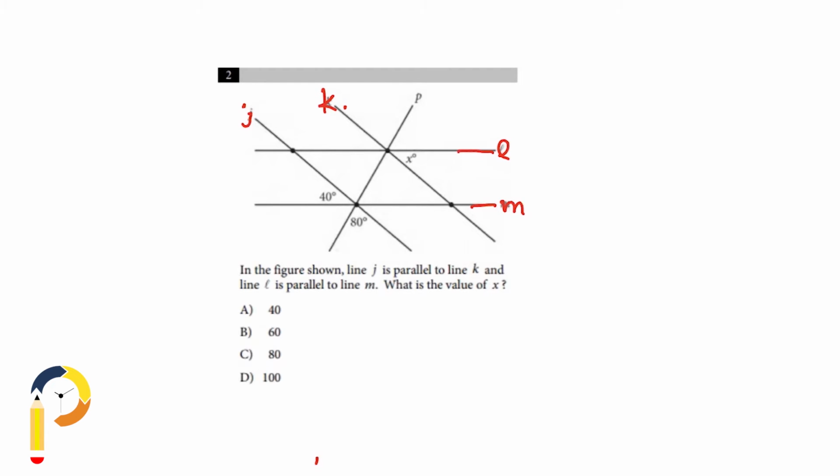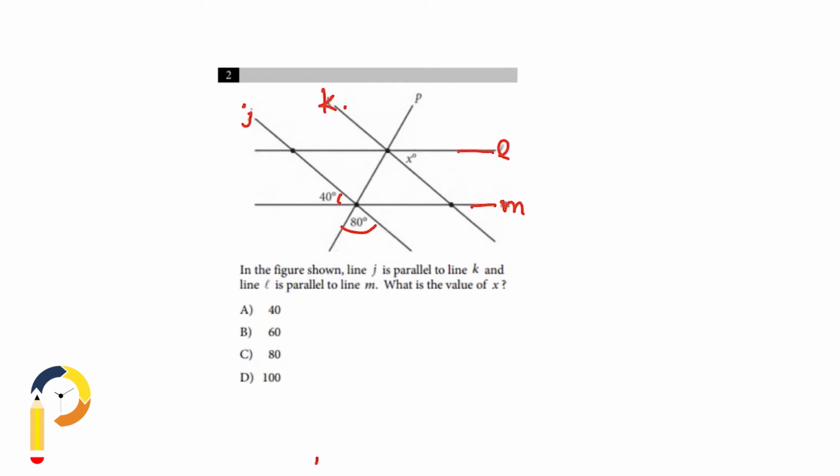You have been given 2 angles also: this angle is 40 degrees, this angle is 80 degrees. If you see this figure, it may confuse you, because there are 2 parallel lines and the transversal lines are also parallel. But you need to go step by step.